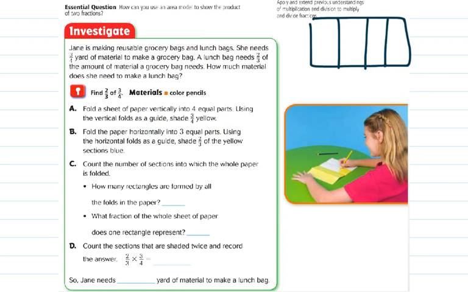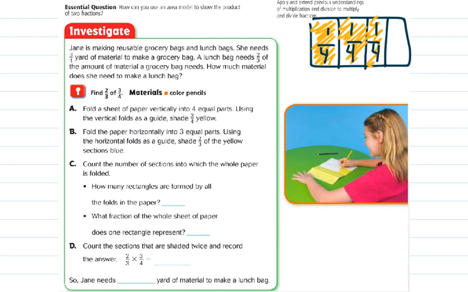Then shade 3/4 yellow. So we're going to shade 1/4, 2/4, 3/4. And I really, actually, boys and girls, I want you to do this with me. I want you to shade in your actual piece of paper that you're folding on the side. You can rip it out from your notebook too, that's okay.